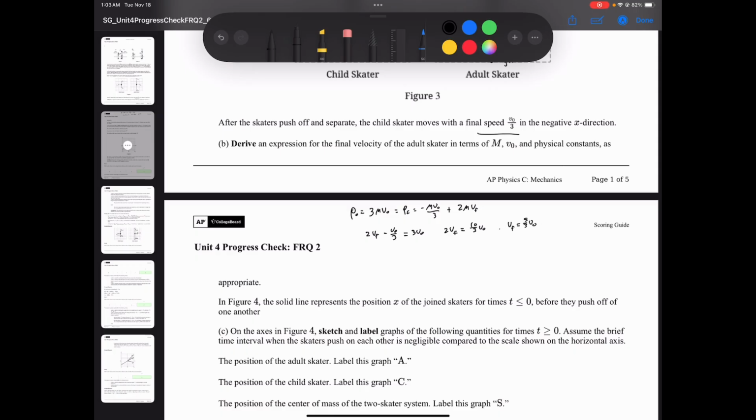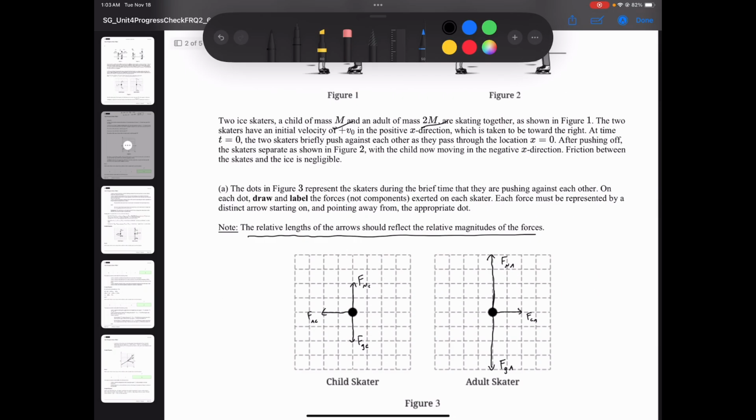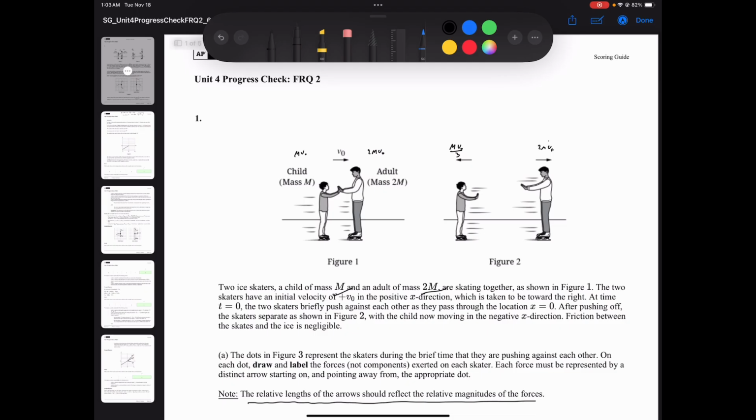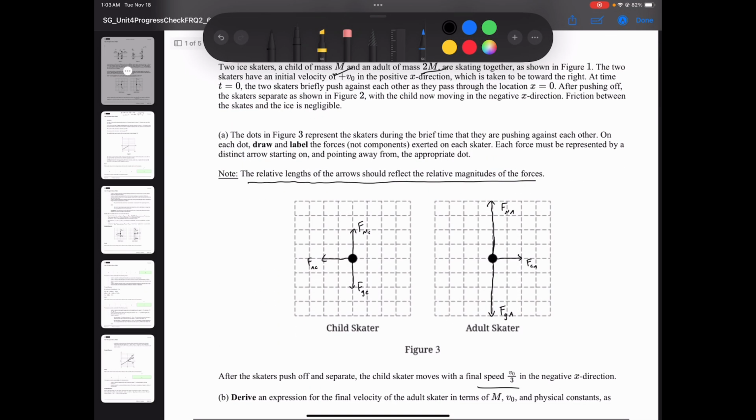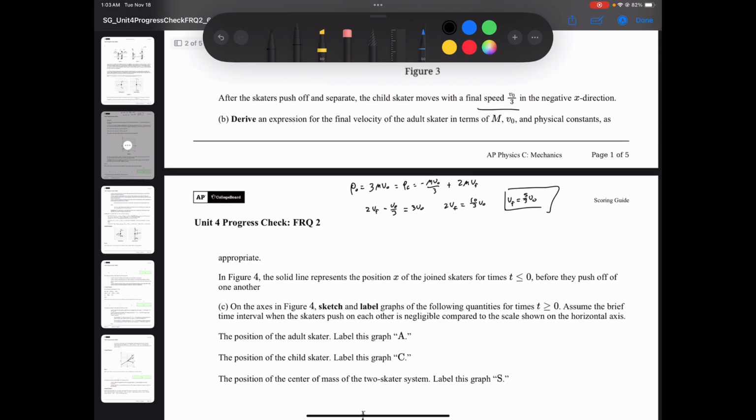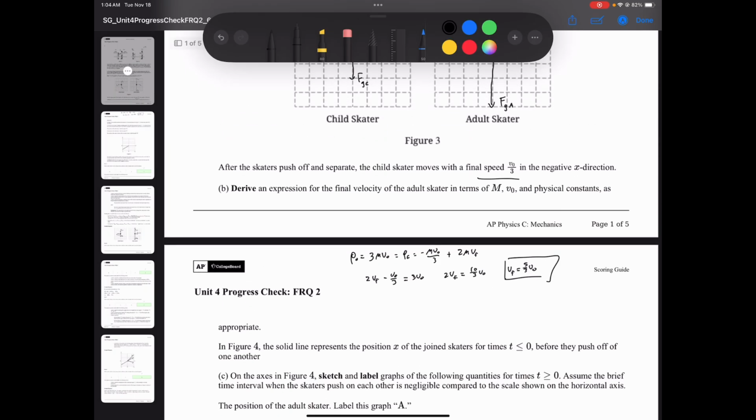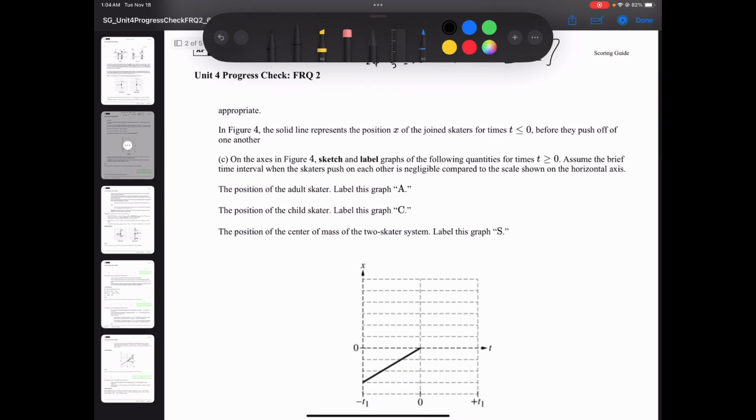So that's going to be the velocity of the adult skater. So vf is equal to 5 over 3 v naught. And now, let's see here, it's part 2. Part C, we have to label the graphs when they push on each other and it's negligible compared to the scale shown on the horizontal axis.